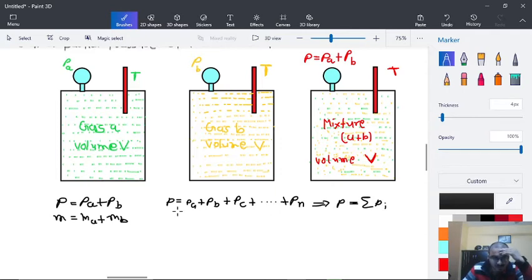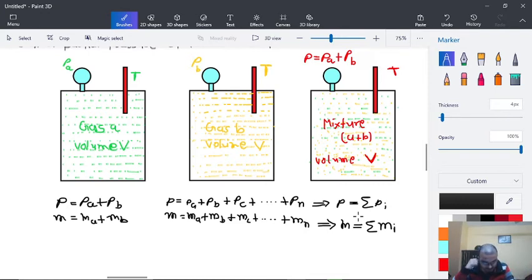Similarly M = MA + MB + MC + ... + Mn, which implies M = sigma Mi.